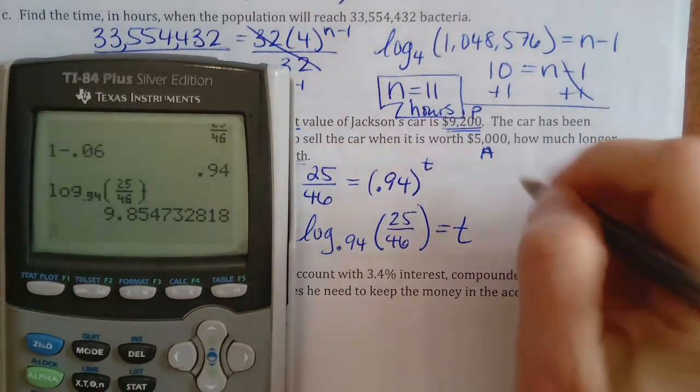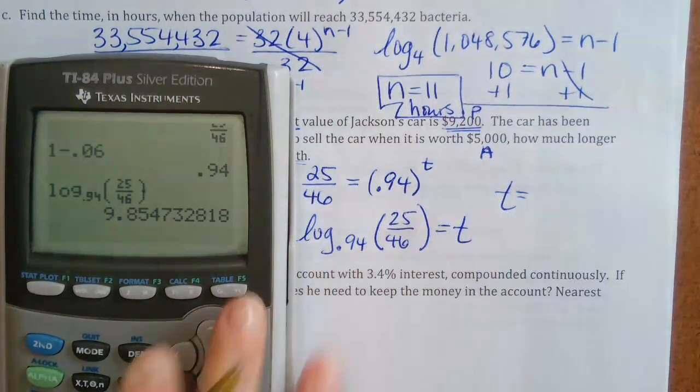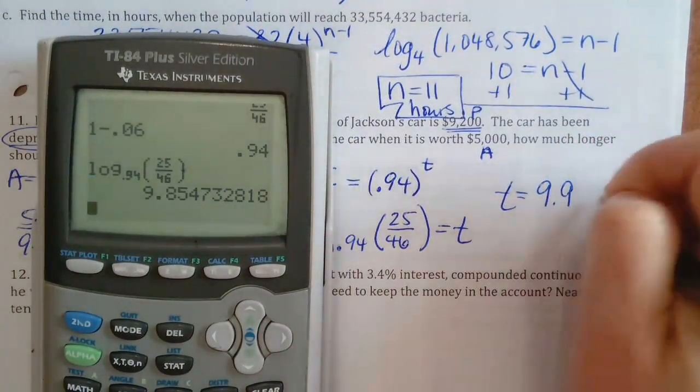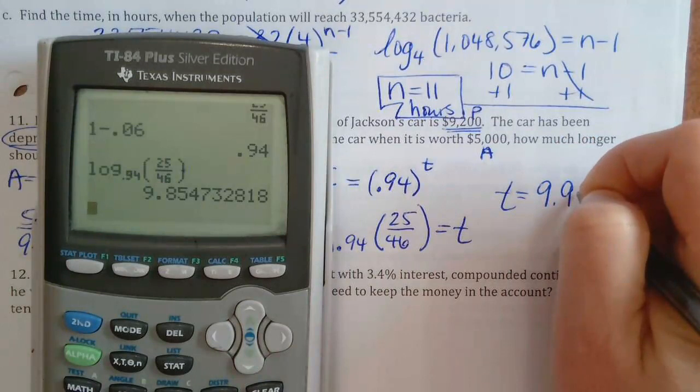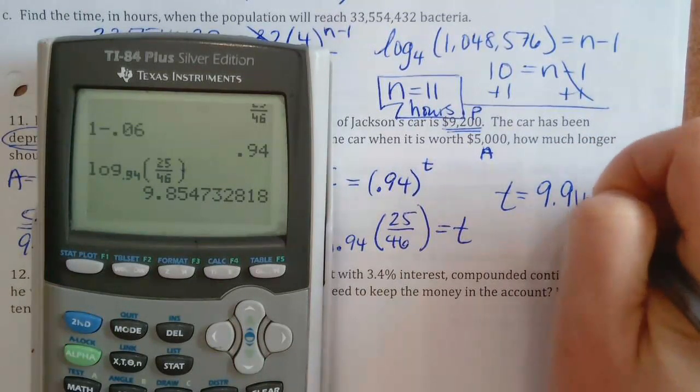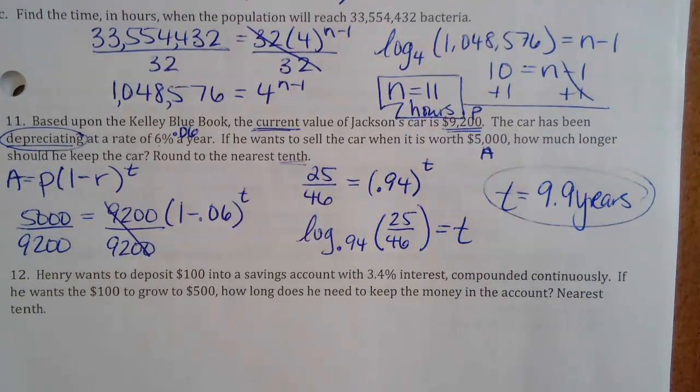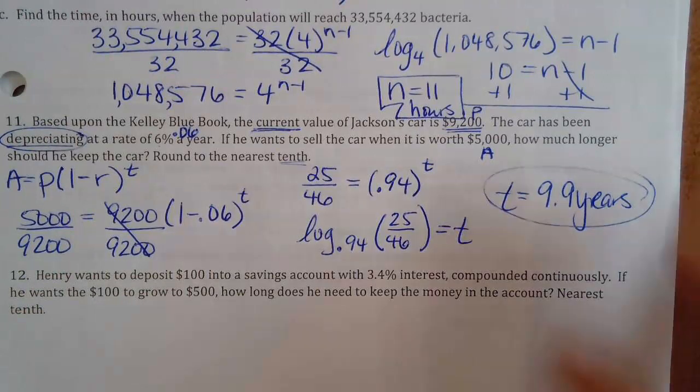There you go. So how much to the nearest tenth? Looks like 9.9 years. So roughly 10 years he has to keep the car so that it depreciates to the value that he wants to sell it at.